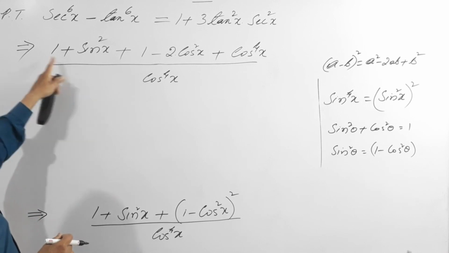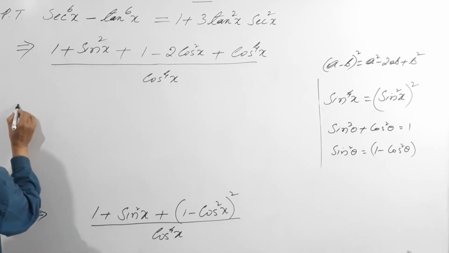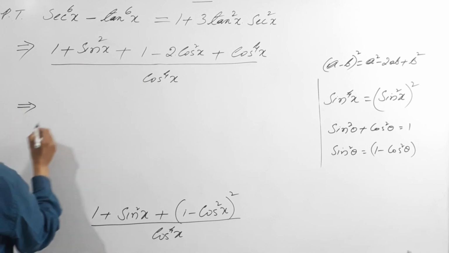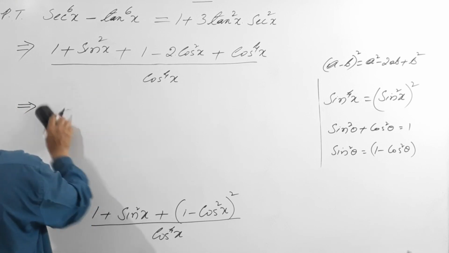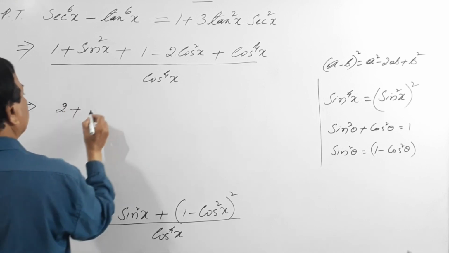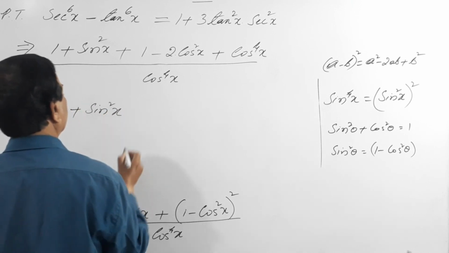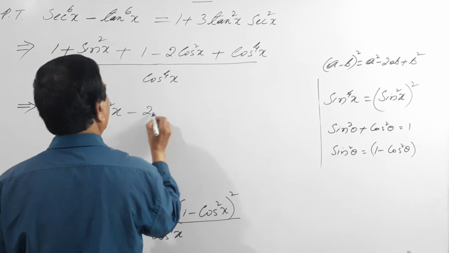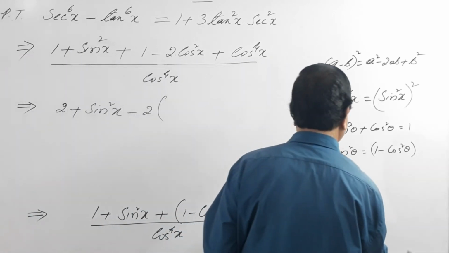Here you have 1, here you have 1, so this becomes 2 plus sine square x minus 2 into, in this, what will be cos square?